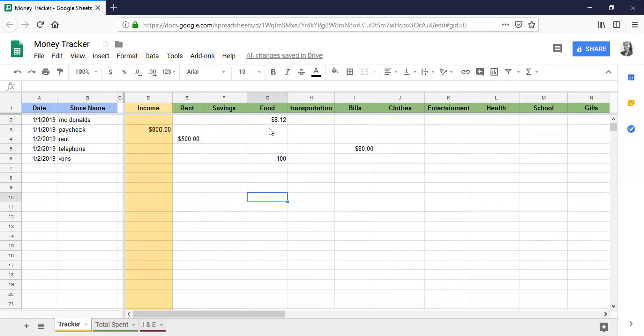So for me, you could keep everything together for food, or you can do eating out or gifts or whatever. But what you want to see is where your money's going, where you're spending it, how much you're spending. So you would just keep going, right?